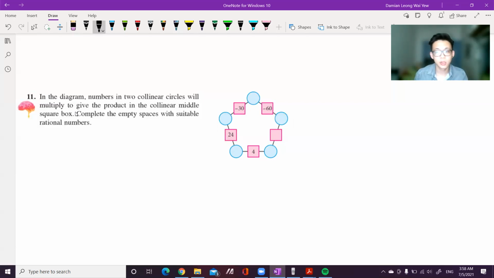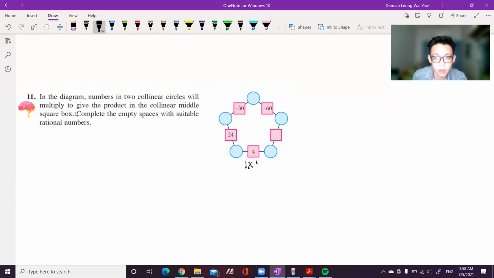Now, what we have to do is, first, let's look at this 4. It can either be 1 times 4, or 2 times 2. So I either put 2 here, 2 here, or 1 with 4.